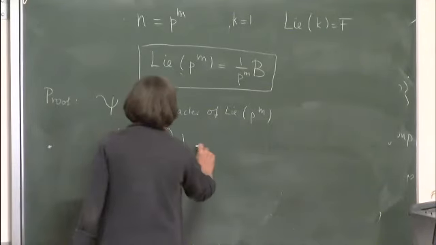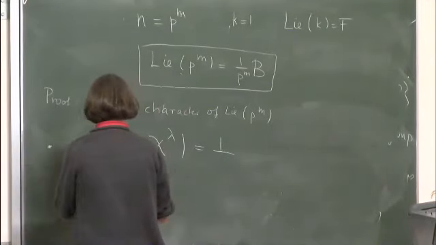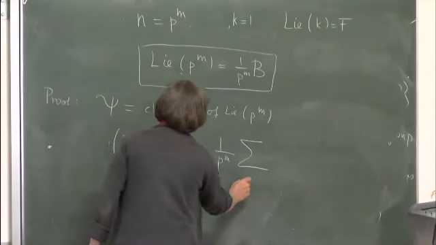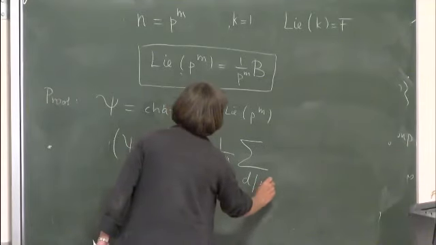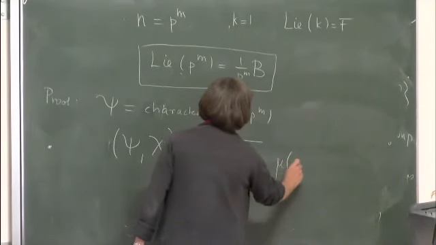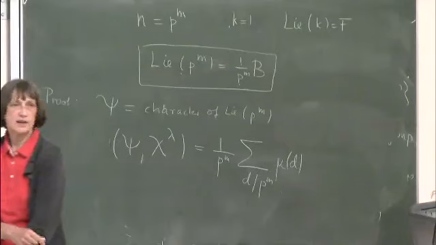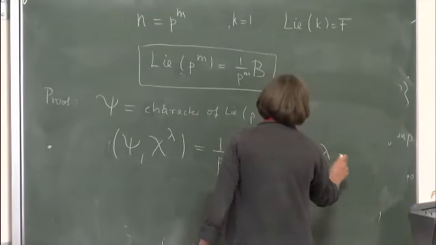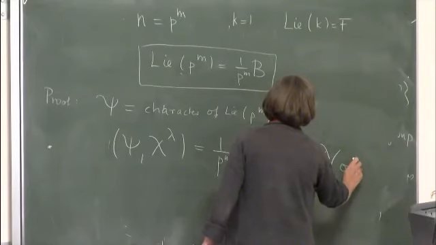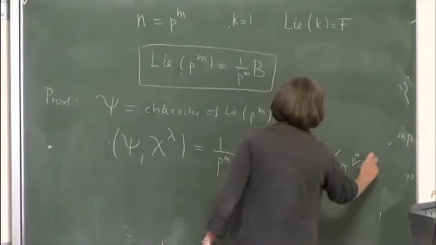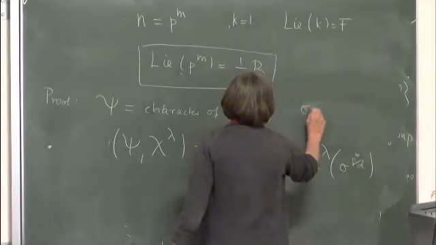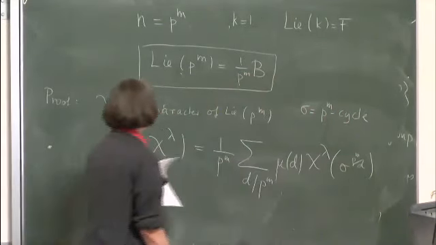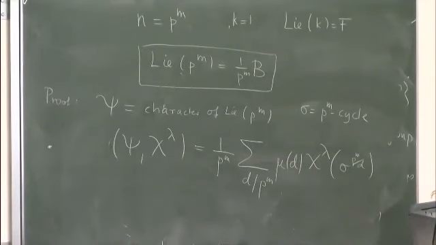You get 1 over p to the m, then you sum over all divisors d of p to the m, then you take the Möbius function, and then you take the character value of lambda on sigma to the power p to the m over d, where sigma is a p to the m cycle. So that's what you get if you write down the characters.